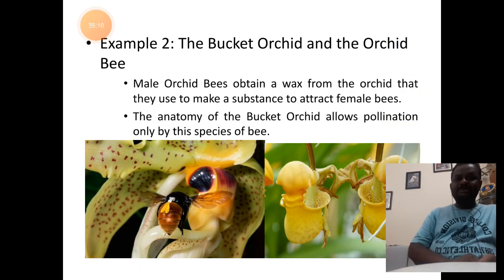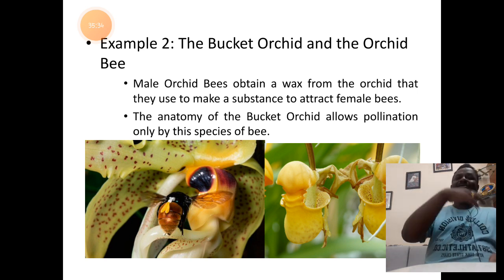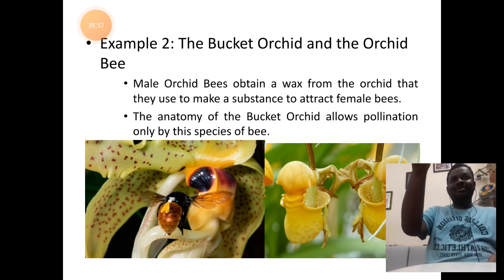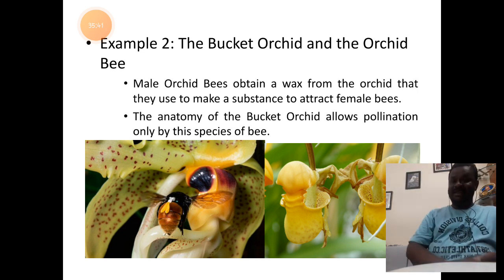The next example is the bucket orchid and the orchid bee. The male orchid bees obtain wax from the orchid variety, the bucket orchid, as we call it. They use it to make a substance to attract the female bees. So male bees visit the bucket orchid to get a wax substance that is used to prepare the pheromone to attract the female.